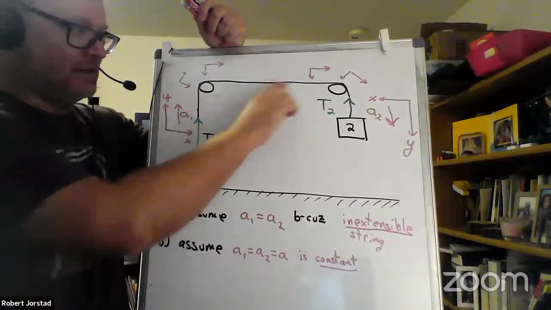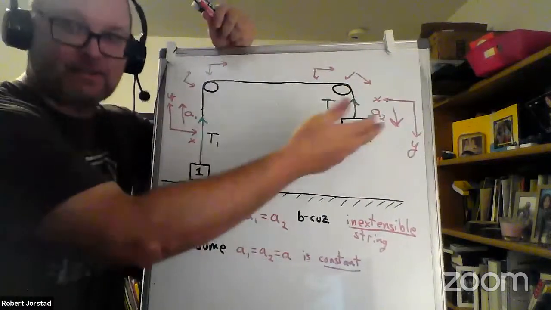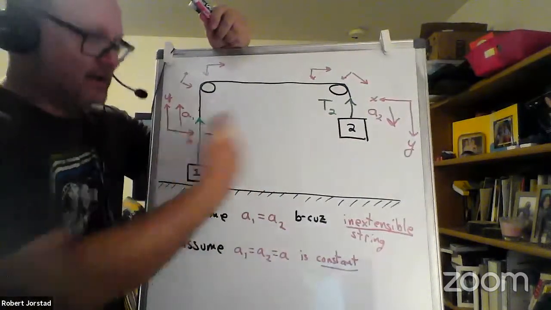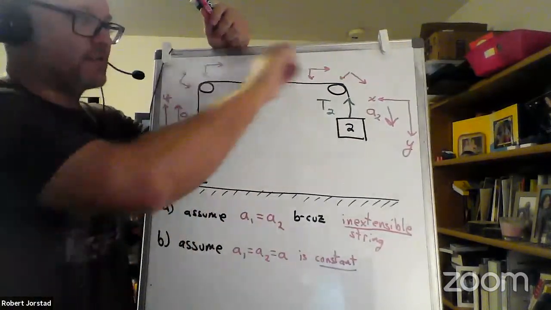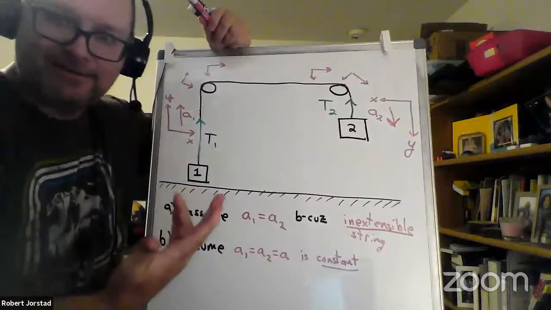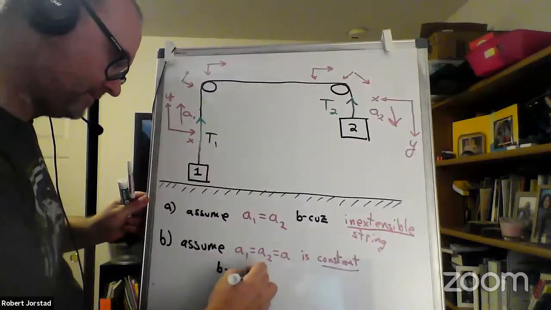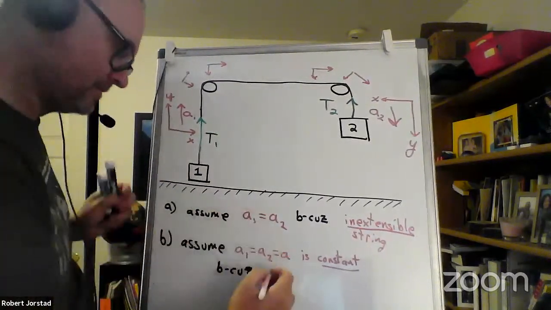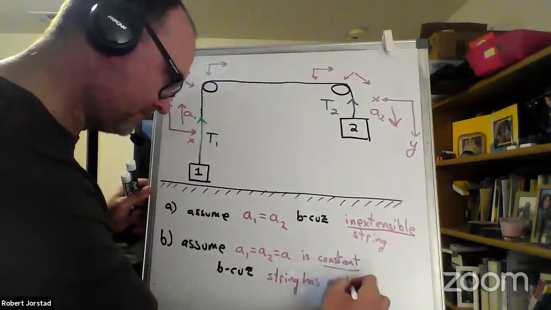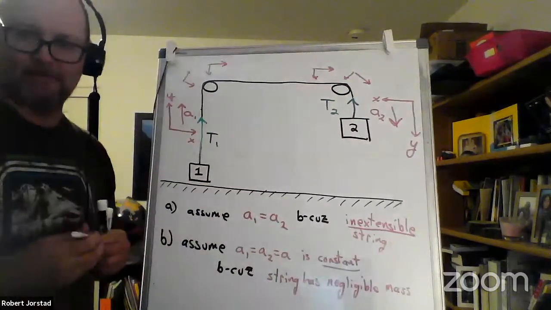Well, as some of the chain goes over to this side, it would suddenly weigh more, and it would accelerate faster and faster and faster. So if the string has a negligible amount of mass compared to the blocks, as the string goes from one side to the other, we get a negligible change in mass on one side or the other. No big deal. So here, that's because the string has negligible mass. Okay.